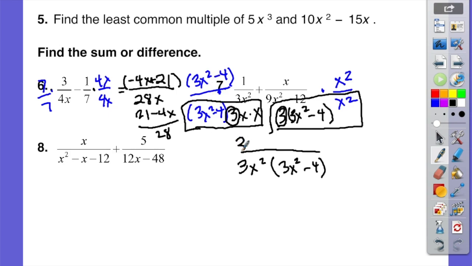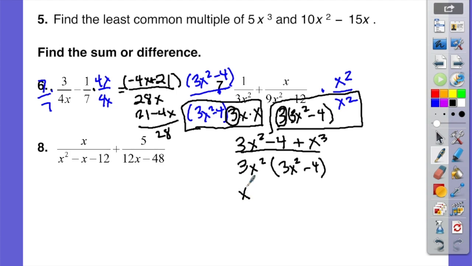Okay, this is 3x squared minus 4 plus, what's this one? X cubed. Okay, I'm going to write it so that it's in the right order here.